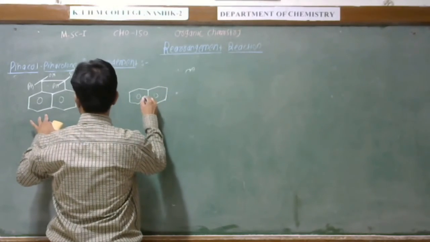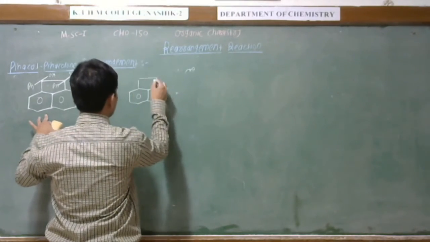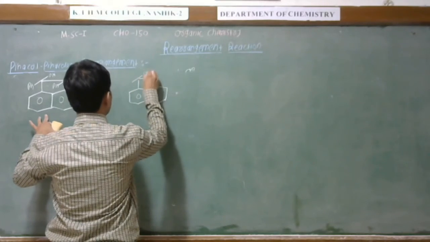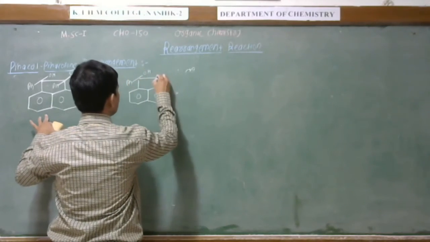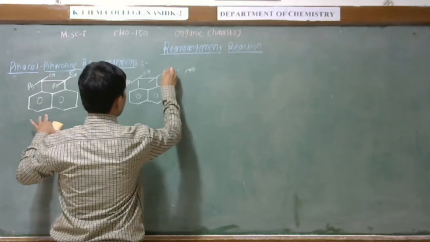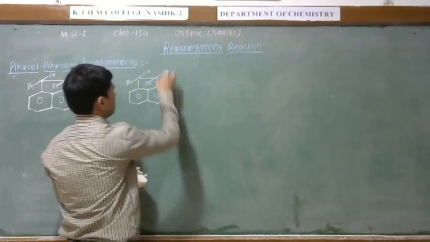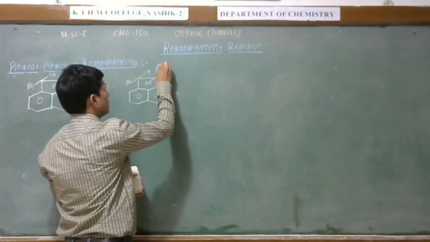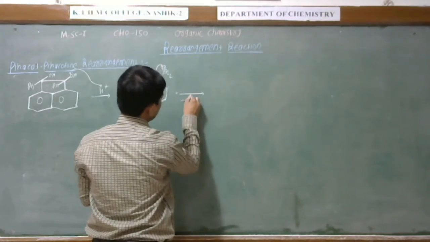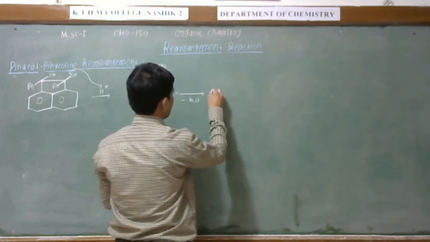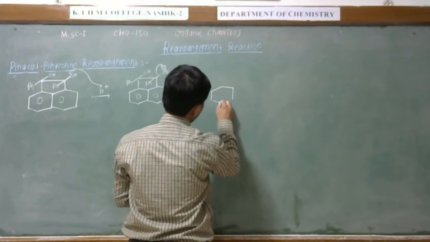This is the 5 membered ring now, and this is OH here, this is the Ph here, this is OH2 plus, and this is the Ph here. Now this OH2 plus is the good leaving group, and after the dehydration we get the carbocation.